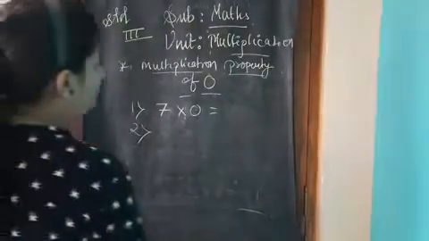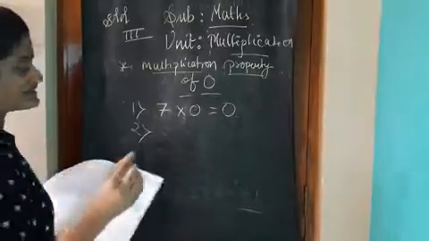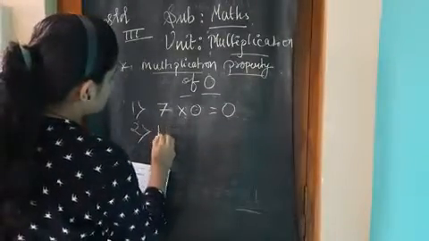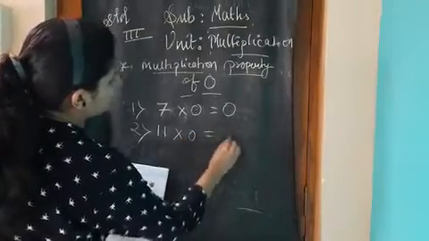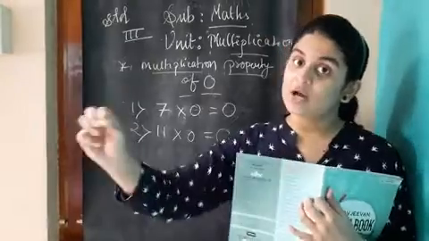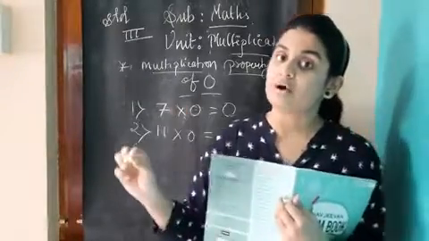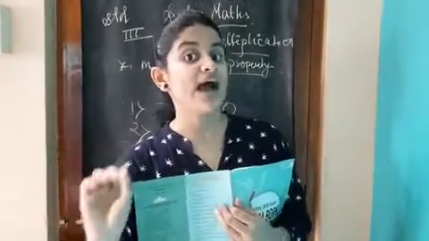The answer will be 0 itself. Let's see one more example. 11 into 0 is equal to 0. याद रखिए जब भी कोई नंबर 0 से मल्टीप्लाई करते हैं तो हमारा आंसर 0 ही आएगा.